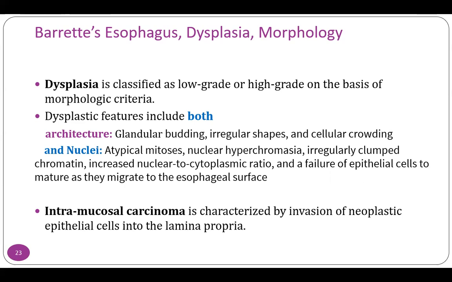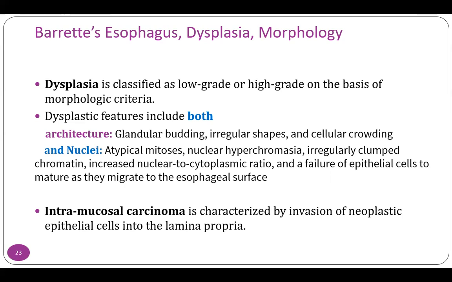How we grade them depends on the dysplastic change. It can be low grade, moderate, or severe. Of course, the higher the grade of dysplasia, the higher the possibility of progression into adenocarcinoma and then invasive carcinoma. So dysplasia starts with low grade, moderate, and high grade.